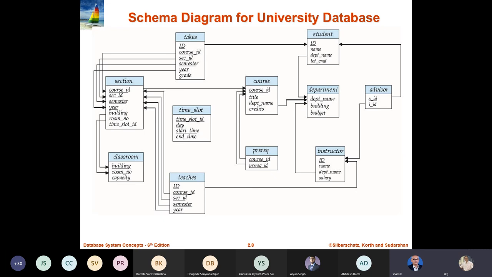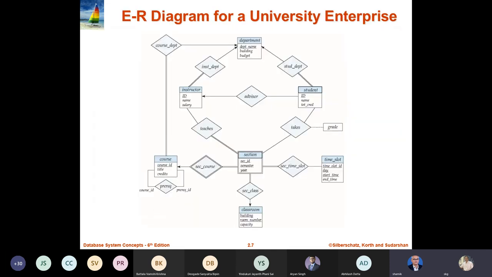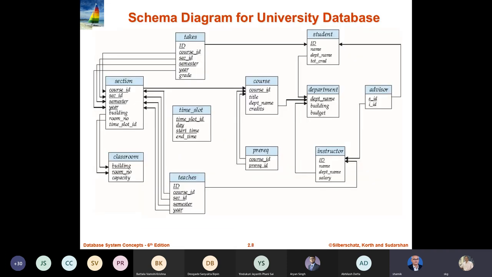So we have a student schema where ID, name, department name, and total credits are there. If you see, it has a foreign key, department name, which is the primary key of the department, because students belong to a department, right?